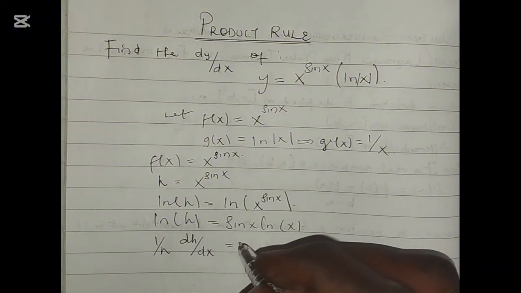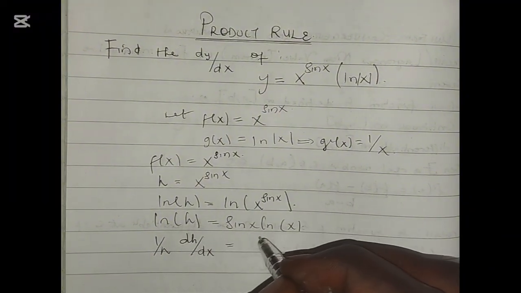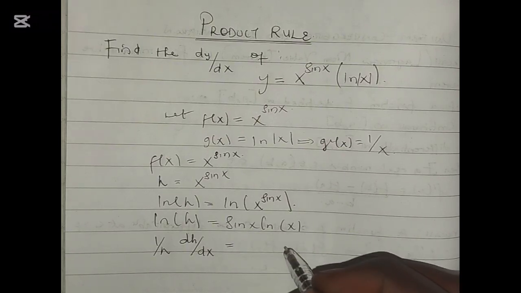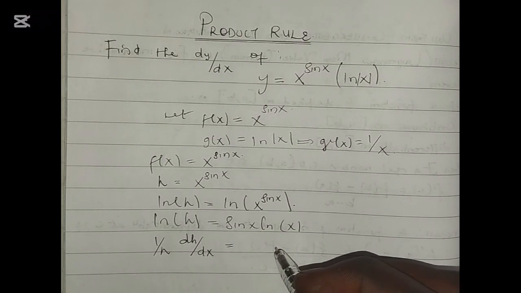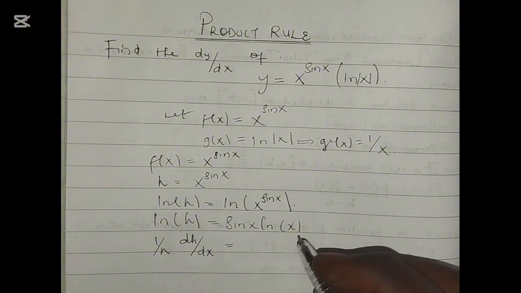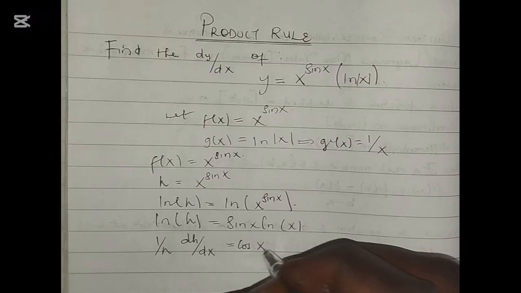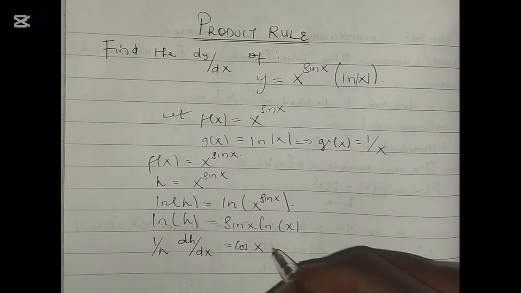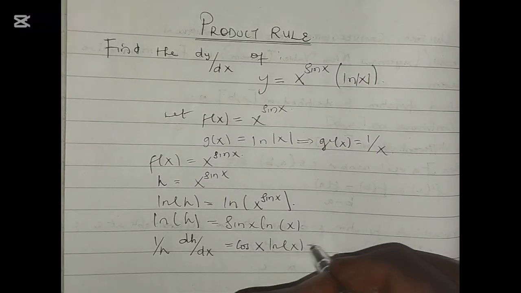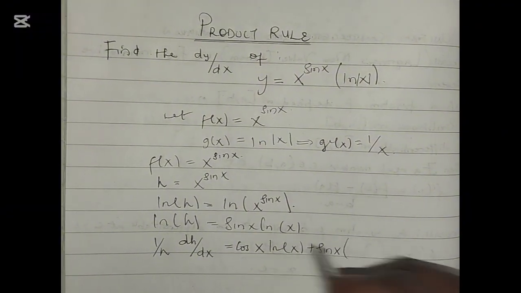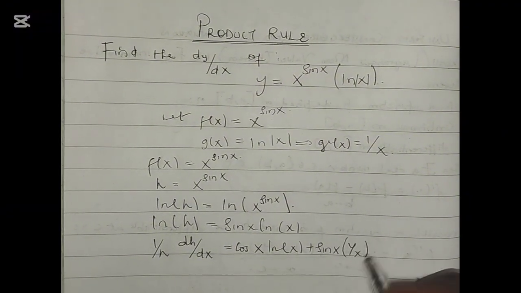Here by the product rule, what it says is differentiate the first one, keep the second one, plus keep the first one and differentiate the second one. So let us start. This will give us cosine of x if we differentiate sine x and keep the second one, plus keep the first one now and differentiate the second one, that is 1 all over x.